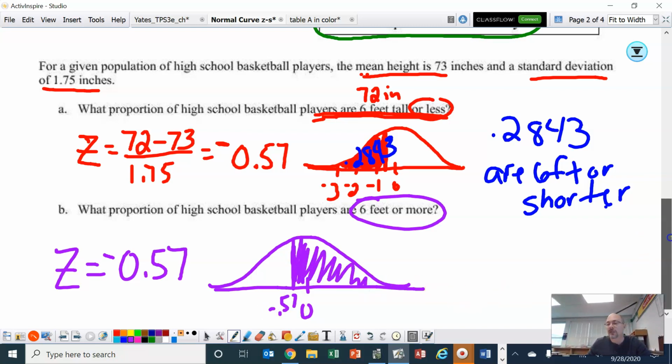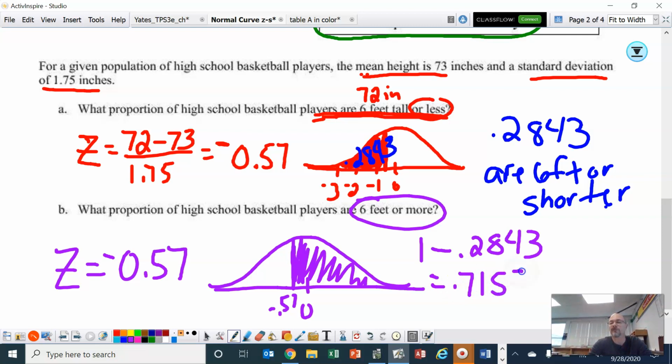So remember, we got an extra step when you shade to the right, because again, that table of values only gives it to the left. So here you're going to do the 1 minus the 0.2843. Okay, and 1 minus the 0.2843, ladies and gentlemen, is going to be 0.7157.